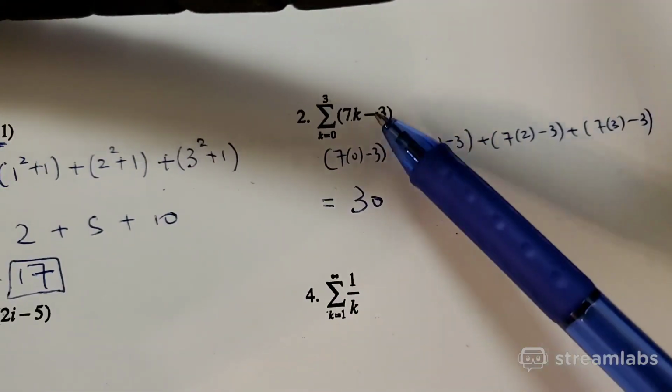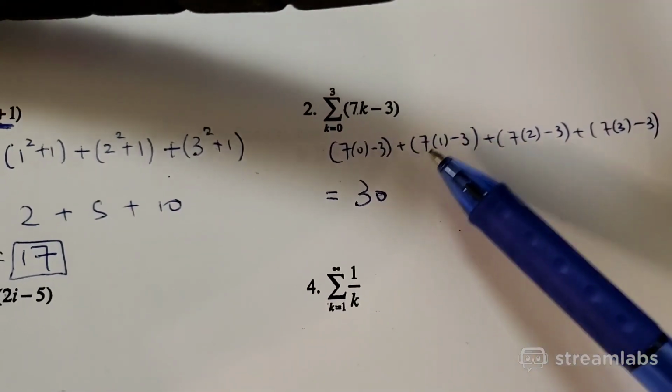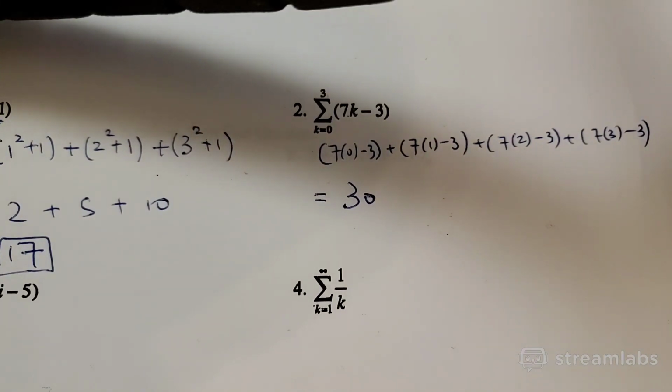I want to add 7k minus 3, but this time my k wants to start from 0 and then go 1, 2, 0, 1, 2, 3. Okay, so you add them up.